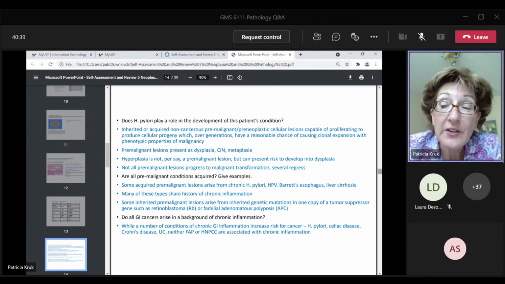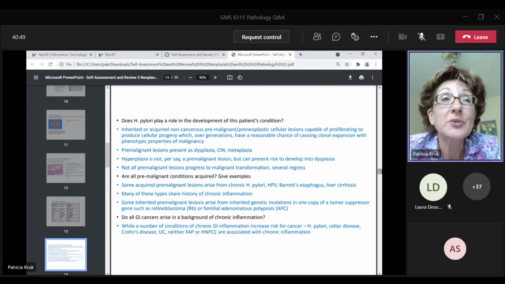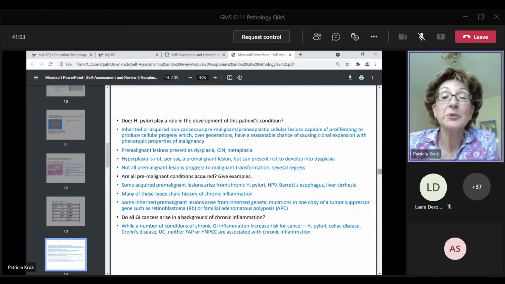All of this basically arises in the background of cell injury. If the cells can't repair the damage, can't adapt, can't restore their normal integrity, after a while the damage will either lead to necrosis and cell death, scar formation, or uncontrolled proliferation with increasing numbers of mutations, so that we get uncontrolled cell growth, and this can become malignant.